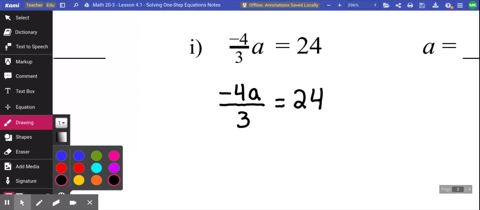By rewriting it, it allows me to easily see I need to move this over first, this over second. So how could I move the divide by 3? The opposite of divide by 3 would be multiply by 3. Perfect. So I'm going to multiply both sides by 3.